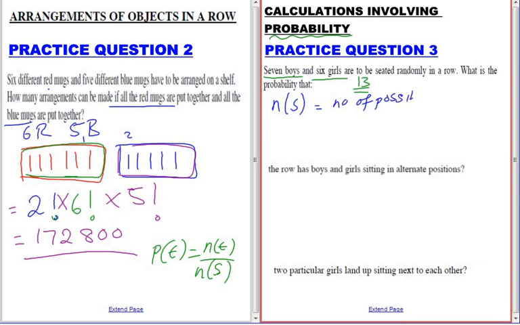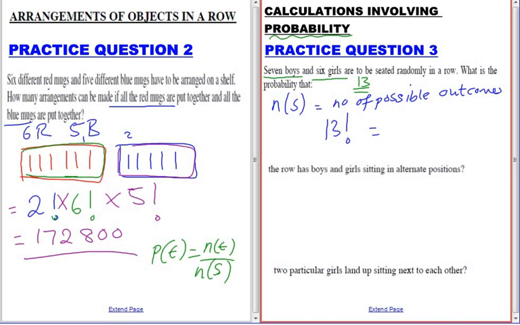So if I am going to sit 13 people in a particular row, and there is no repetition that is possible here, so the number of possible outcomes here will be 13 factorial. Can you see that? So that will be 13 factorial, really. I may simplify this to a value, but actually to be easier to work with is 13 factorial.